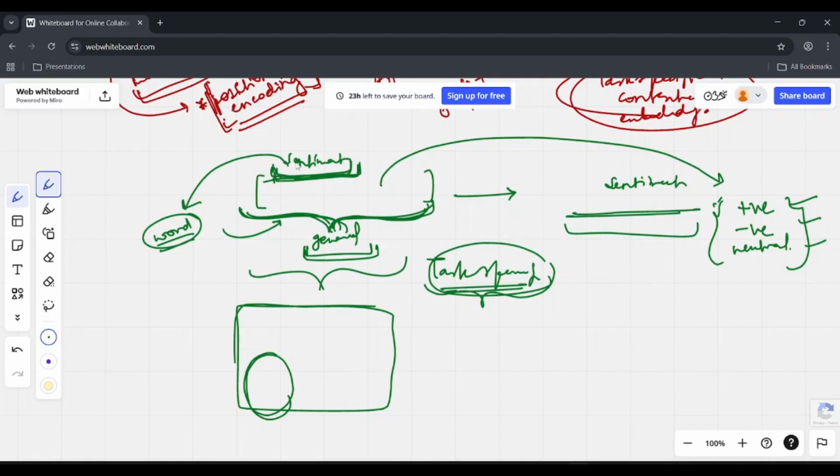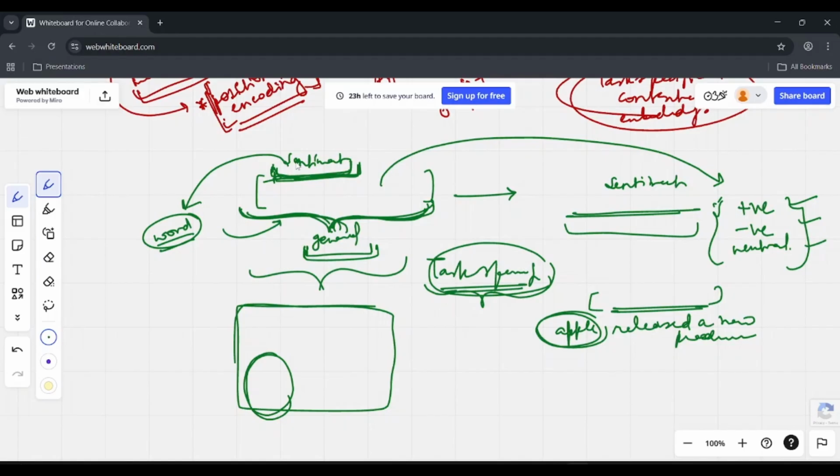Okay. And I have one more example to give you. For example, let's say I have a sentence where I say Apple released a new product. Then in this sentence, if I consider Apple, then the contextual embedding will be the same, right? But if I consider task specific contextual embedding, then what will happen?